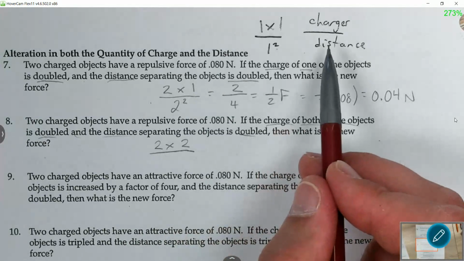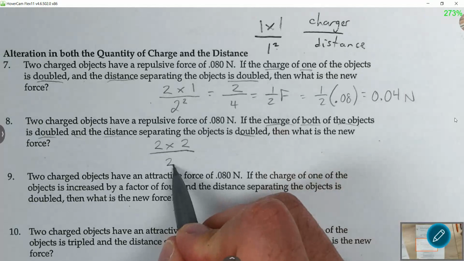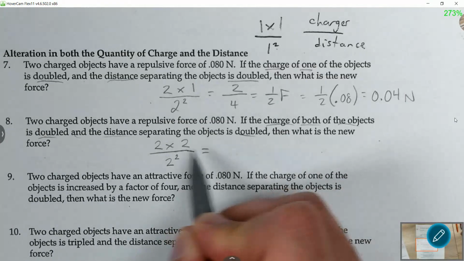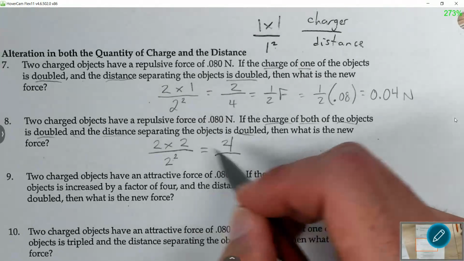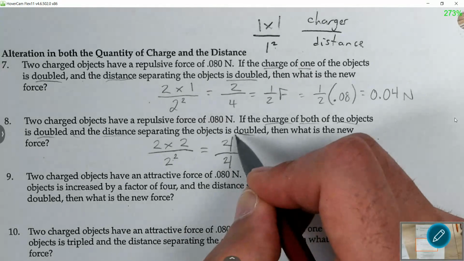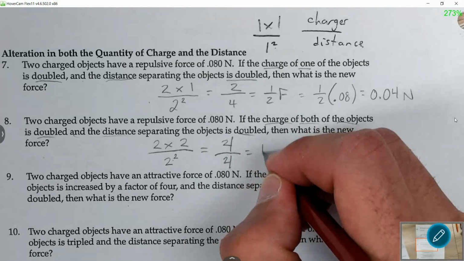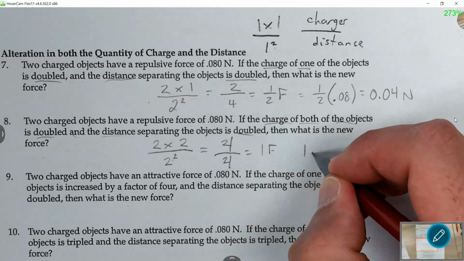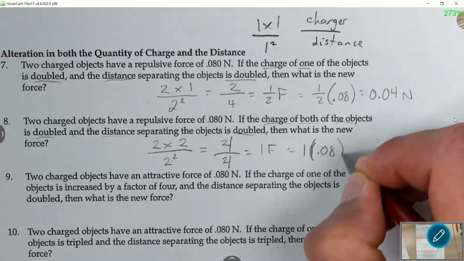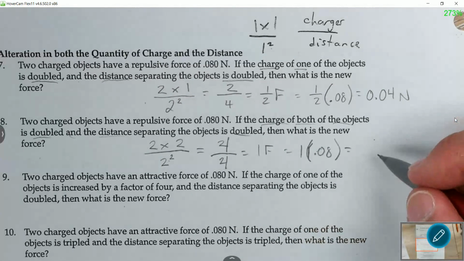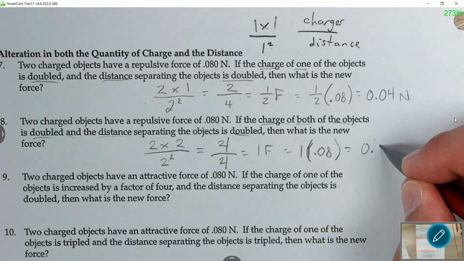So the one that's on bottom for distance, we have to turn it into a 2, and you have to square it. 2 times 2 is 4, and 2 squared is 4. 4 divided by 4 is just 1. So it'll be 1 times the force, or just 1 times 0.08, which is pretty much the same answer. Anything times 1 is going to be itself.